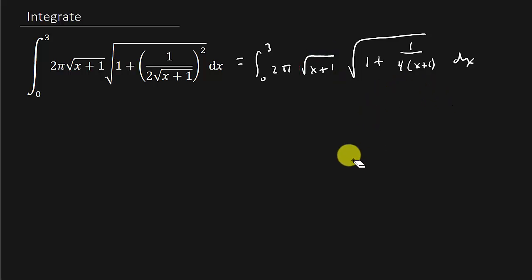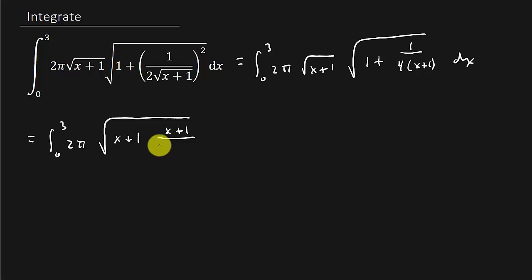Now, the one thing that you've got to remember from algebra is that if you're multiplying two square roots together, you can multiply together what's underneath the square roots. So this is going to give me the integral from 0 to 3 of 2 pi square root of x plus 1 times 1, and then x plus 1 times 1 over 4 times x plus 1, dx.